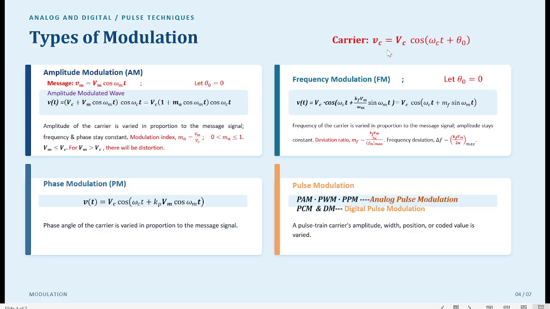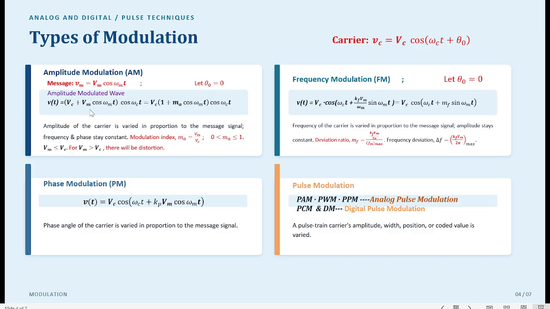In amplitude modulation, the carrier amplitude, capital Vc, is varied according to the instantaneous value of the modulating signal. The amplitude modulated wave, that is the resultant wave, is given by Vc plus Vm cos omega m t.